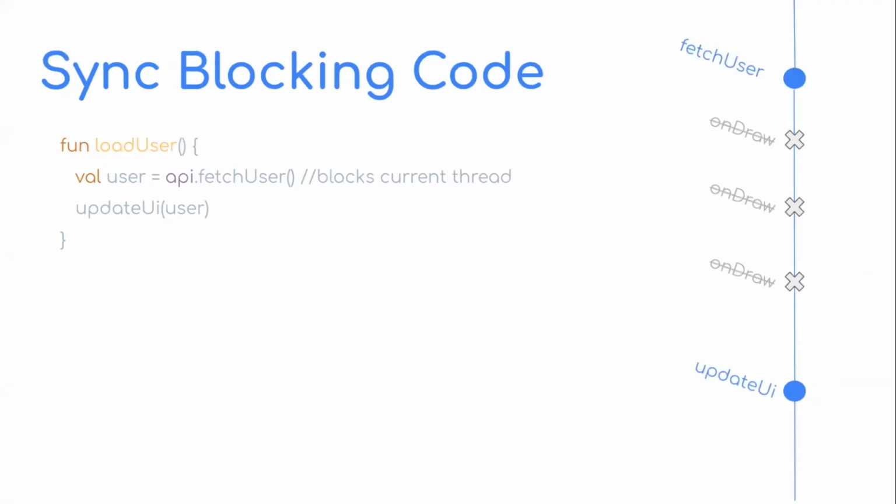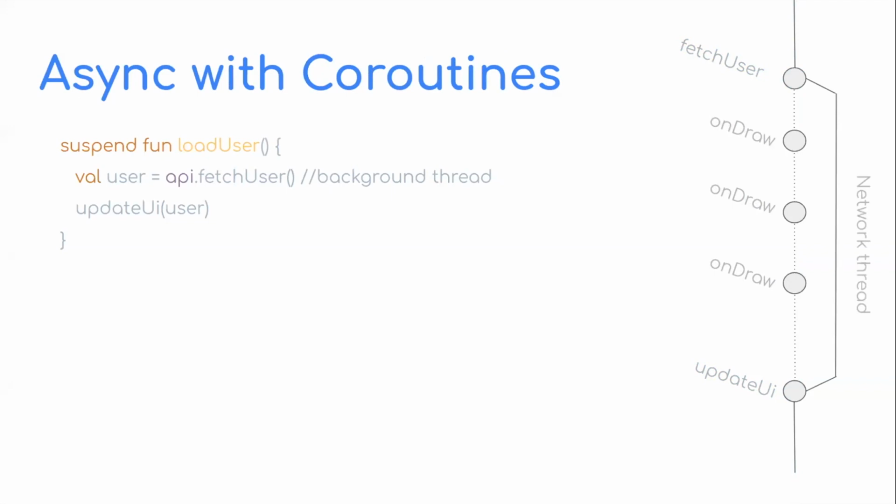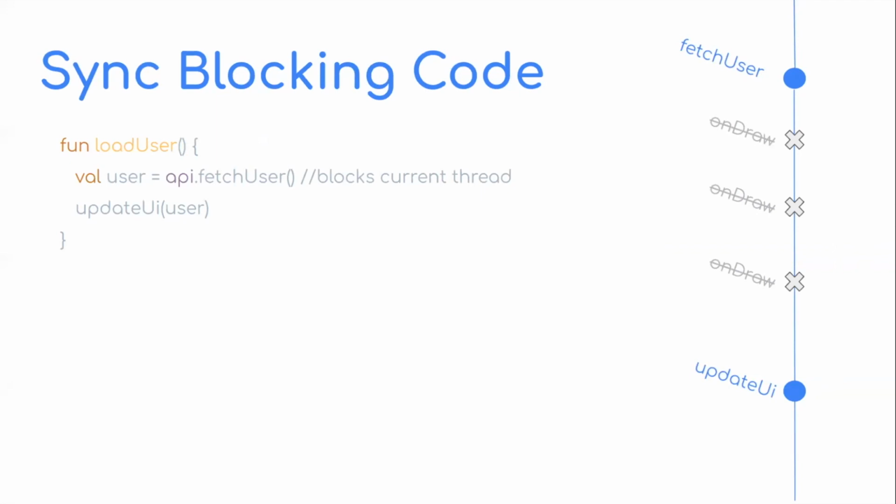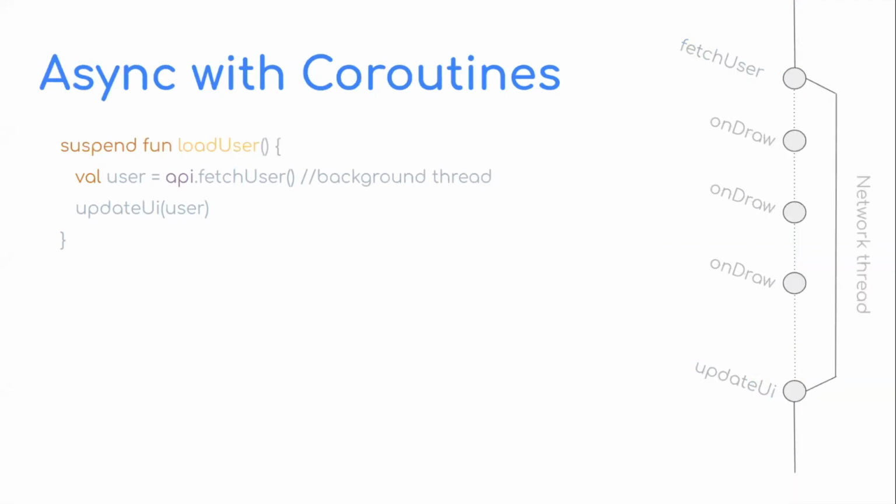You can see the blocking code and the coroutine code are similar, because the only difference is that we have added a suspend modifier. This suspend tells the compiler that this code should be run in a coroutine scope. So we can see here when the user calls the API and says fetch user, a new thread is created, the network thread, and the dotted line represents the UI thread.